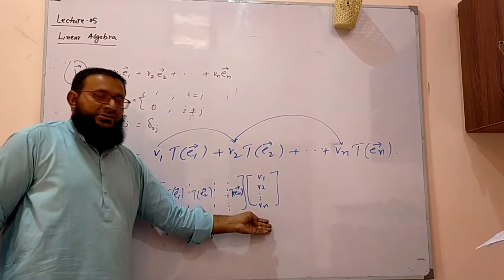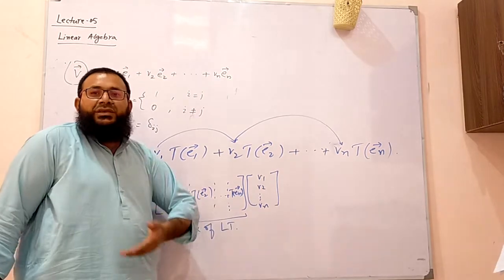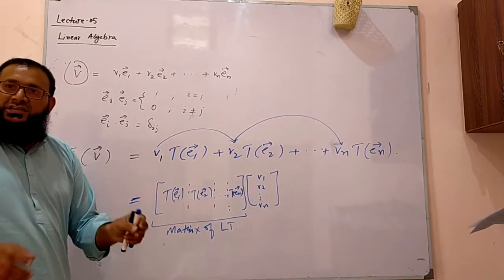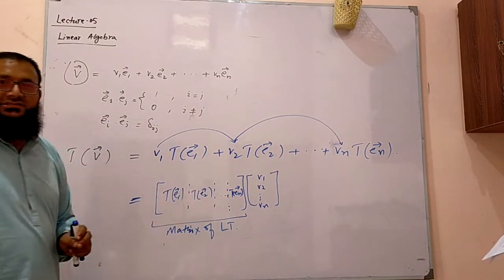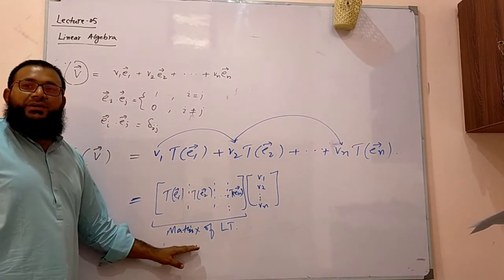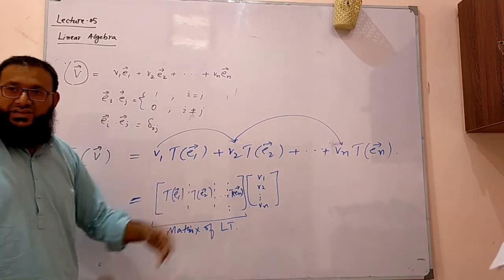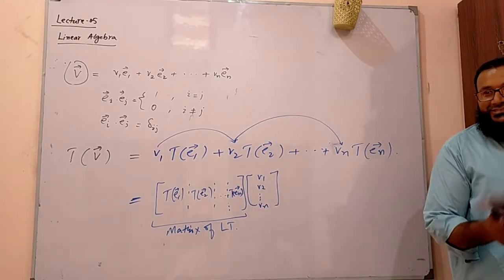I give you a vector in Rn, what do you do? You just multiply with this matrix. You don't do anything else, you don't put the value here and then do this thing. Just multiply with this matrix. So this standard matrix of linear transformation will make your life easy. And this is how you find it. I think this was your question a few months back.